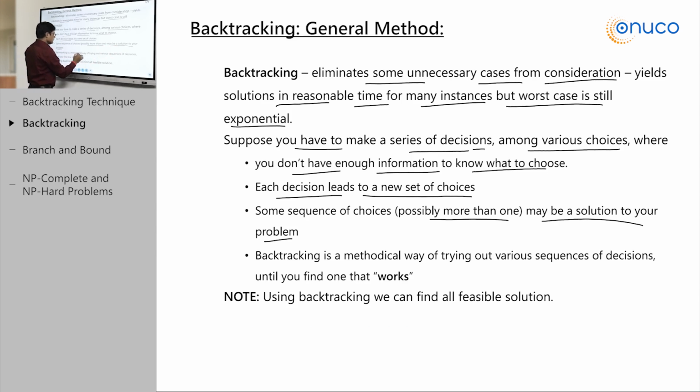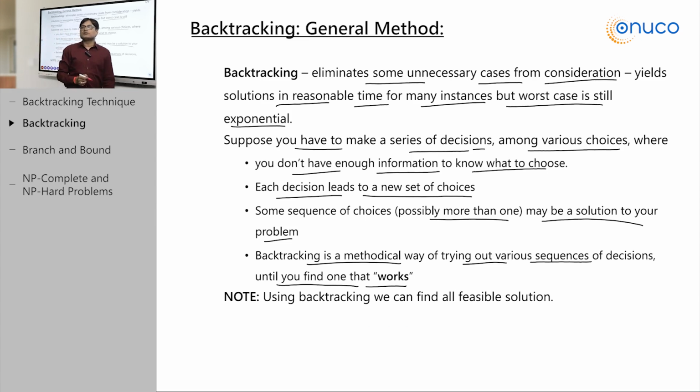Backtracking is a methodical way of trying out various sequences of decisions until you find one that works. It's not necessary that whatever choices you make are going to lead to feasible solutions. Sometimes you apply the method and you are not able to find any solution by satisfying all the constraints, all the conditions, and it leads to a dead end.